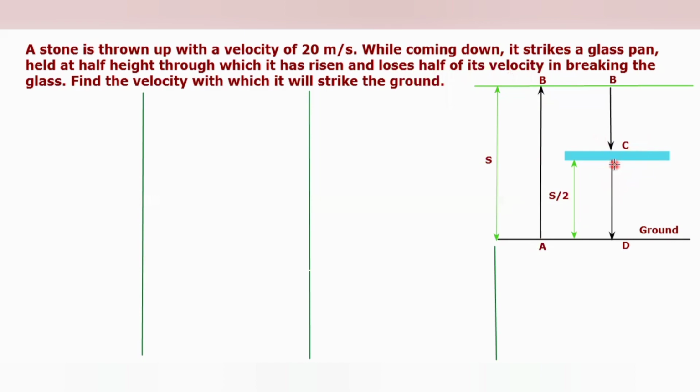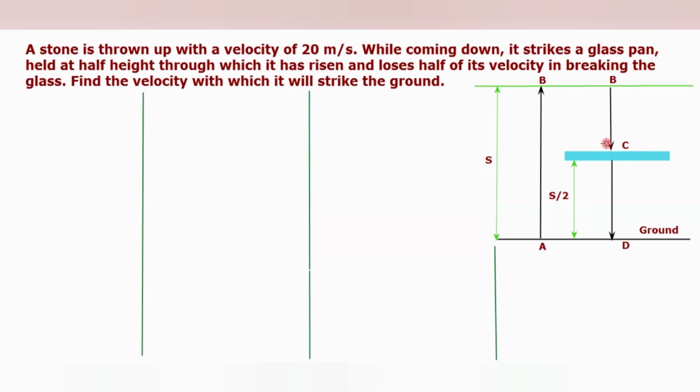It means that at point C, it is going to hit the glass window at some value of velocity. After breaking the glass, the velocity of the stone leaving the glass pan is only half the velocity with which it hits the glass pan.